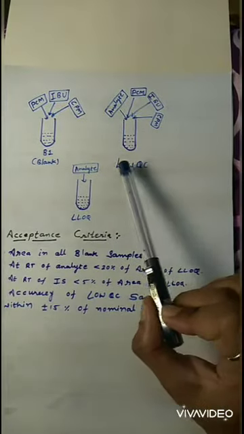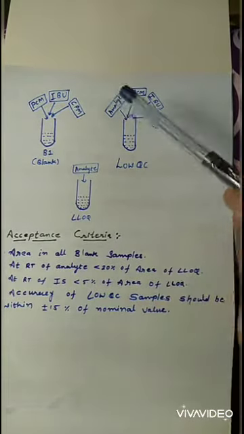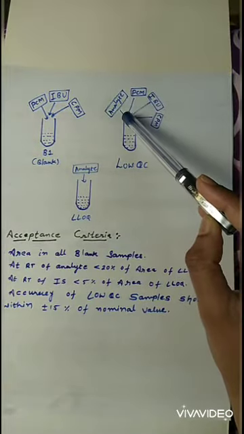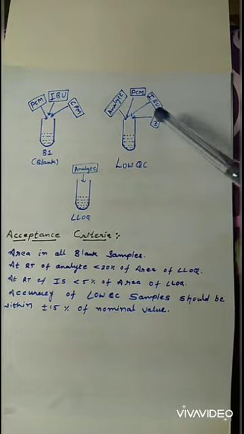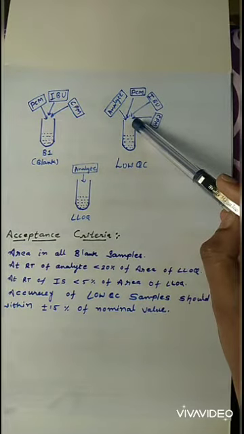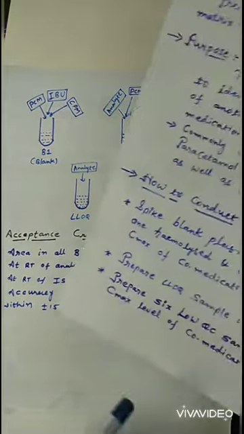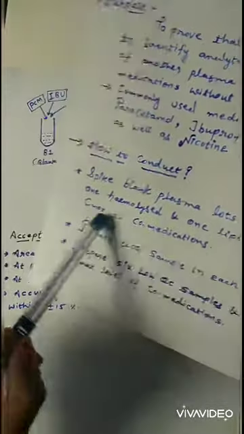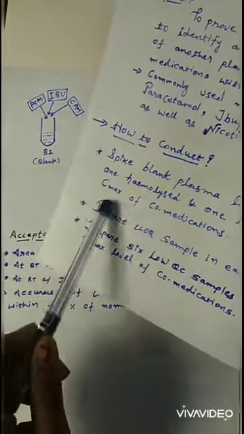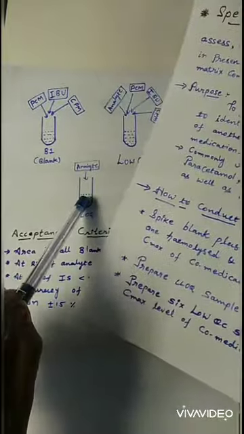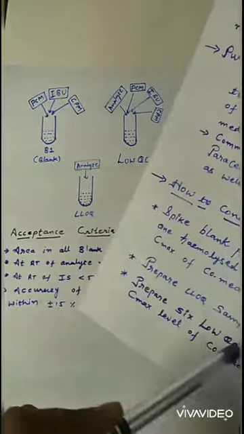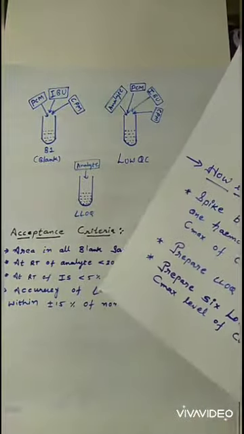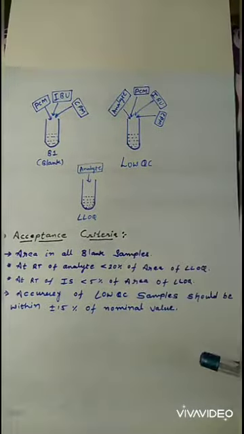Now we prepare low QC samples spiked with analyte at low QC level, Cmax of paracetamol, Cmax of ibuprofen and Cmax of chlorpheniramine malate. So we prepare the blank sample like this, the LLOQ sample like this and the low QC sample with this procedure, and we repeat all these samples for another lot as well and then inject in the LC-MS.